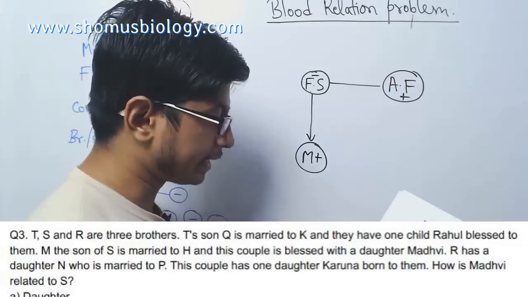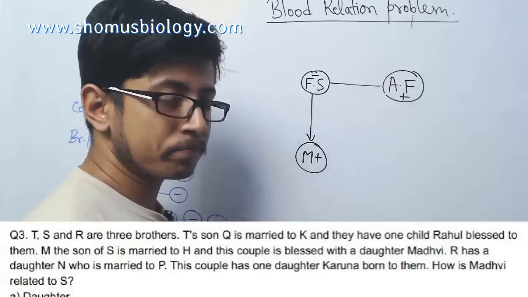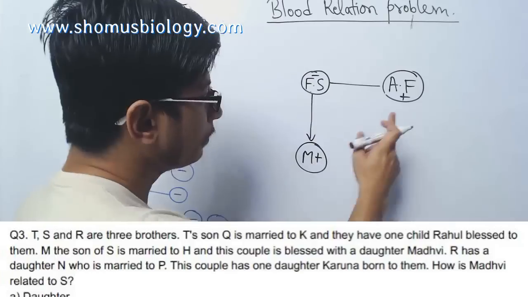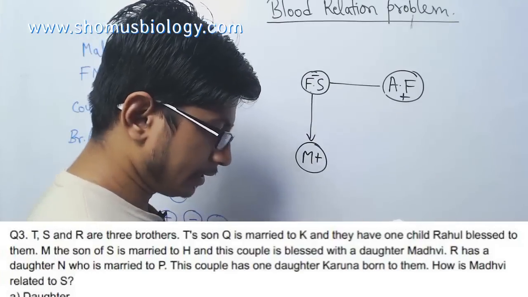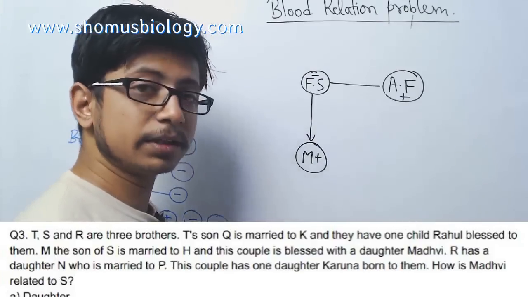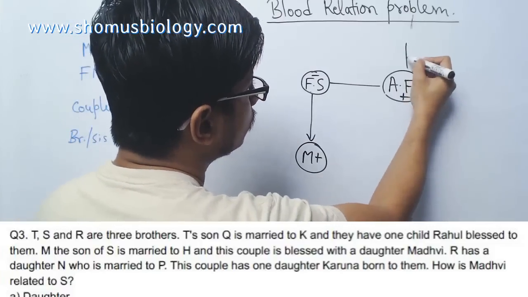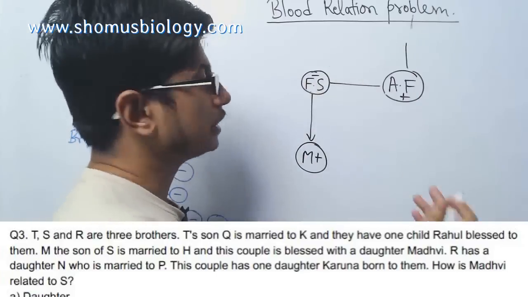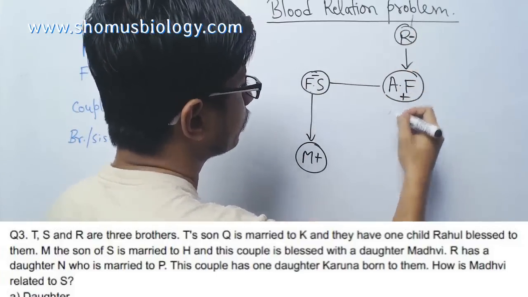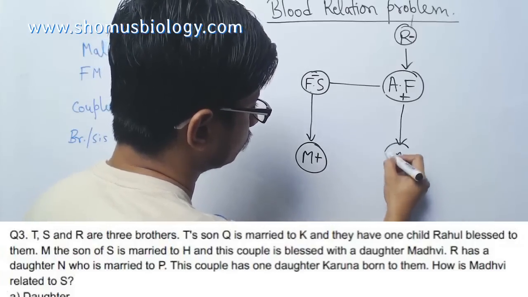So what you find here, grandmother of Arun, we know this person is Arun's father. So grandmother of Arun means here this Reva is the grandmother, mother of Vikas and grandmother of Arun. So what we can think, grandmother of Arun means the mother of Arun's father. So here we put Reva here. Grandmother of Arun.